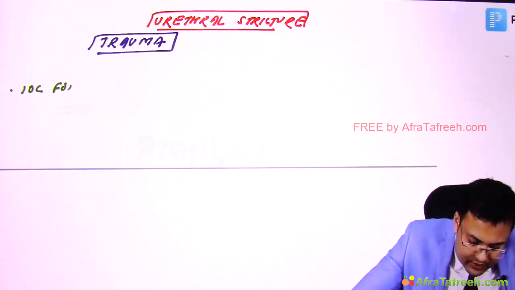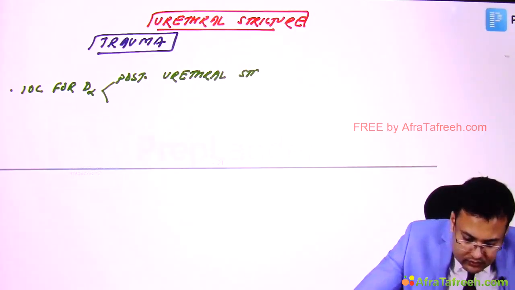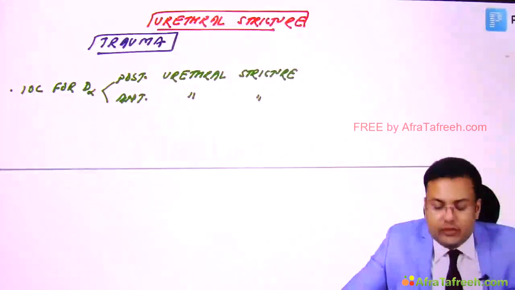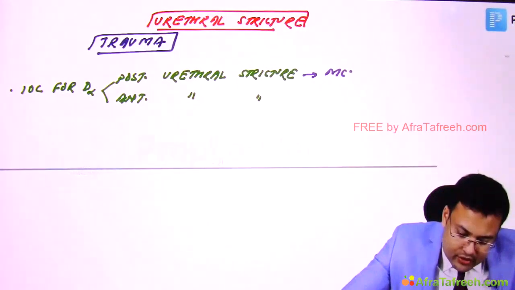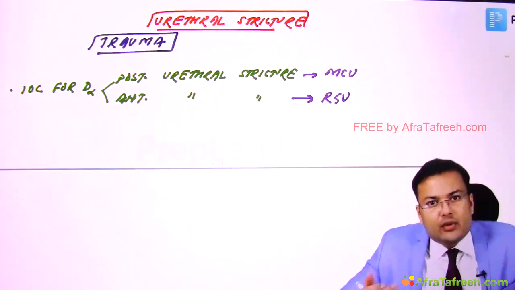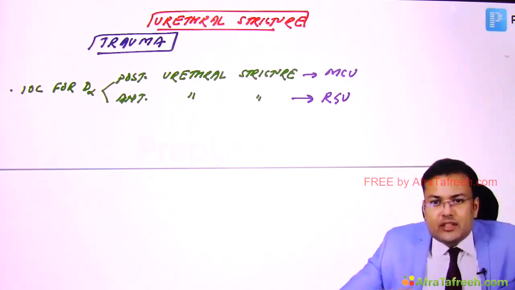Investigation of choice for diagnosis of posterior urethral stricture and anterior urethral stricture: in posterior urethral stricture it is micturating cystourethrogram, MCU, and in anterior urethral stricture it is retrograde urethrogram, that is RGU. But see, whenever a patient is coming to us with urethral stricture, generally we don't ask what the problem is or where the stricture is.